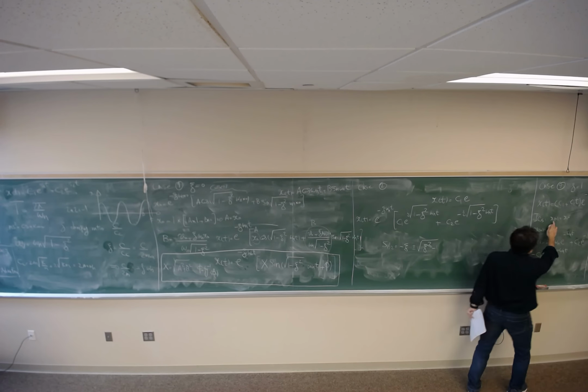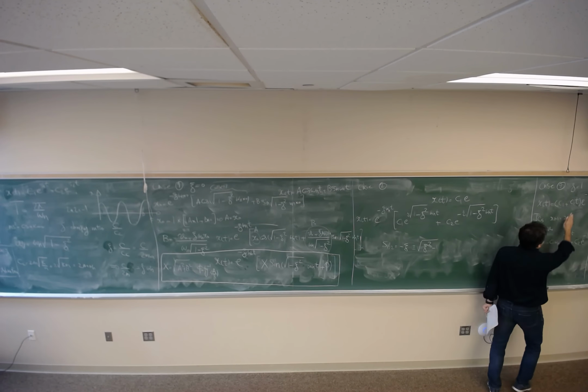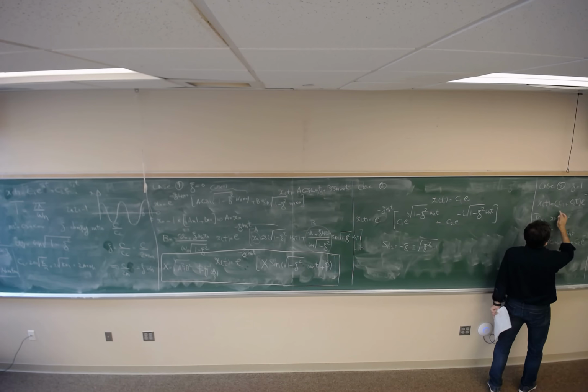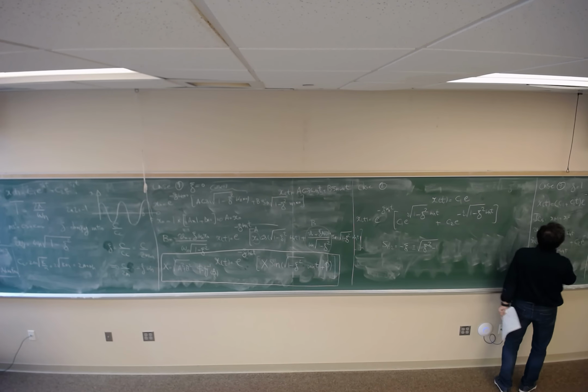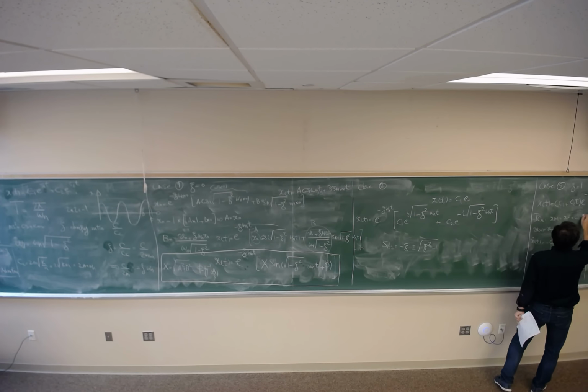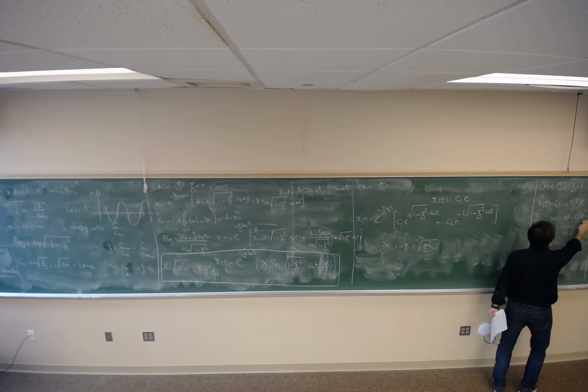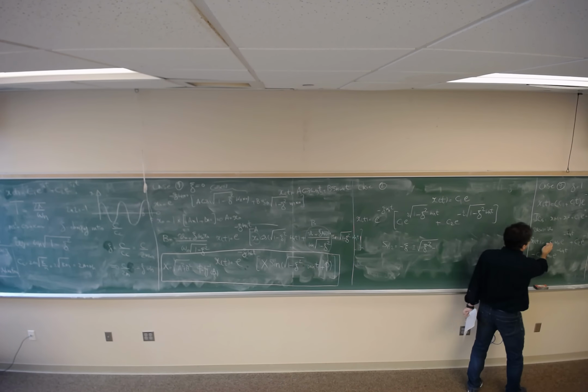So at time 0, if you plug in time 0, this term is gone. C1 times e power 0 is going to be C1. So C1 will be x naught. So x naught is given.